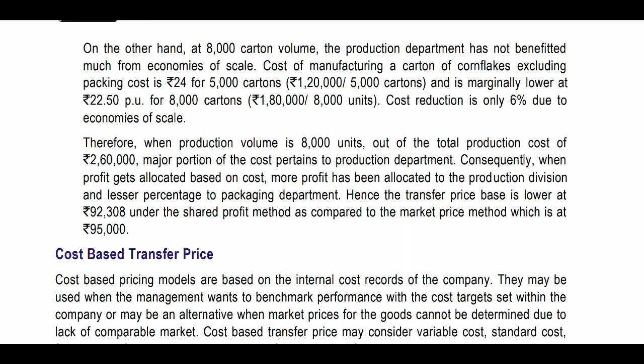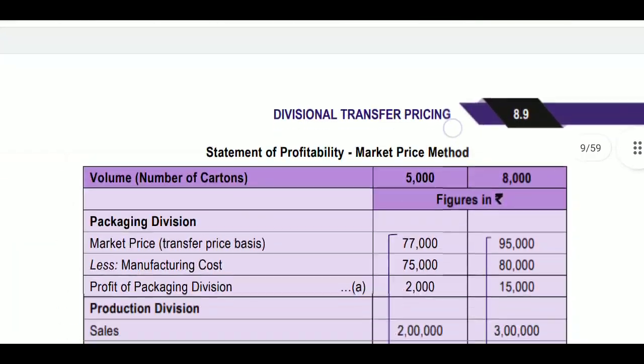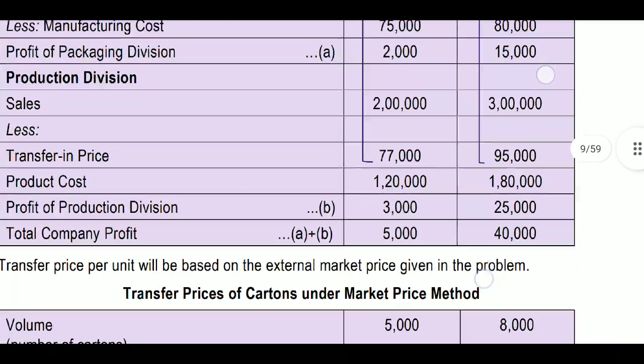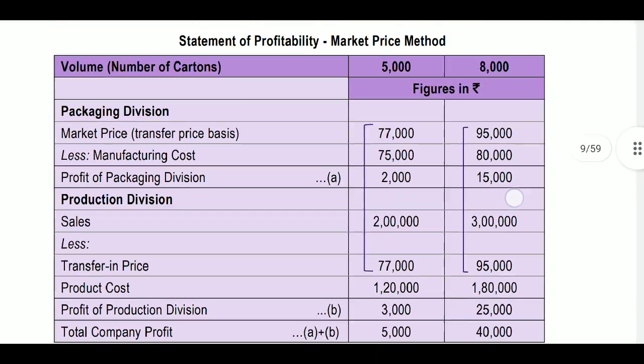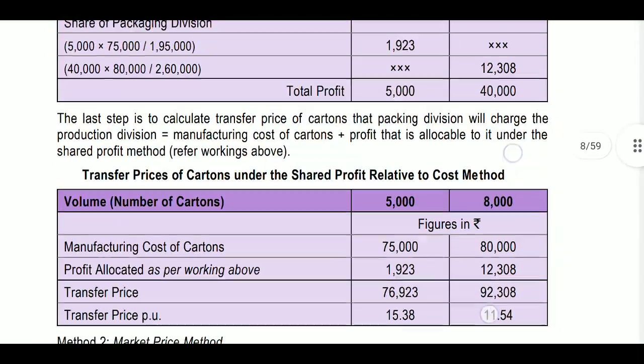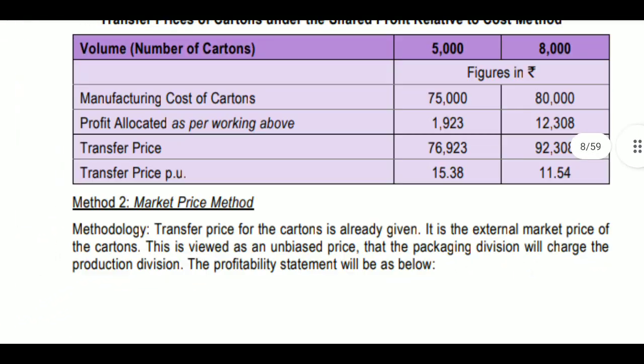Hence the transfer price is lower at 92,308 under the shared profit method, while the market price method has 95,000 at 8,000 units.